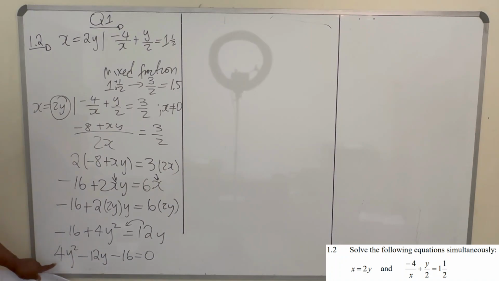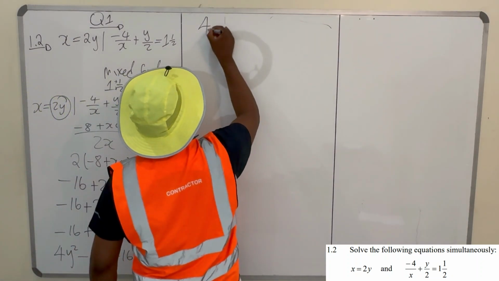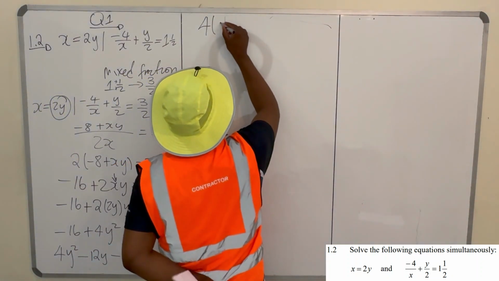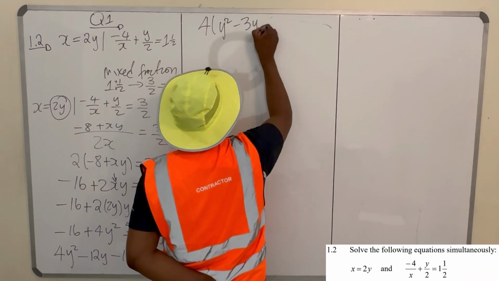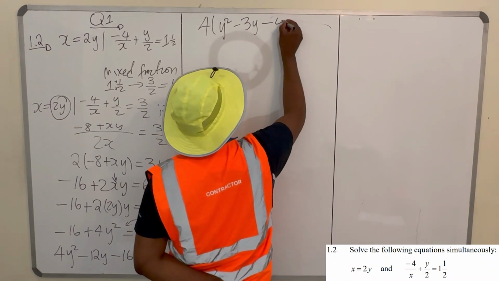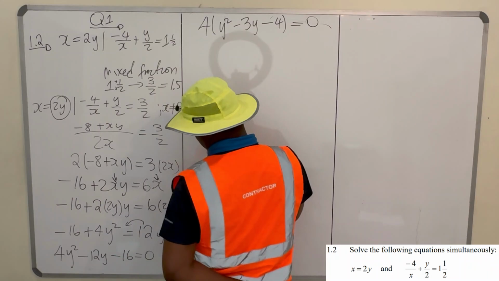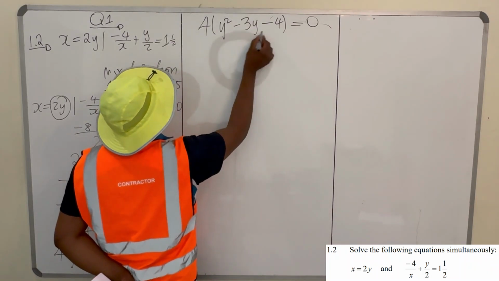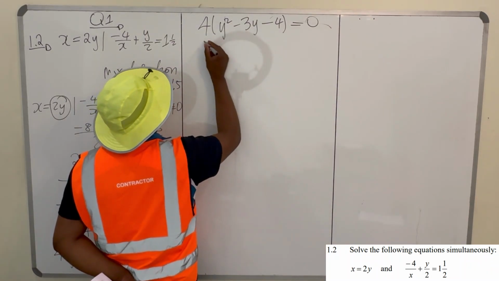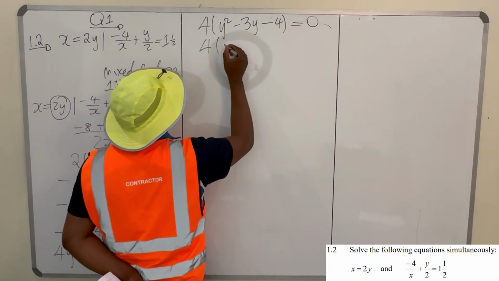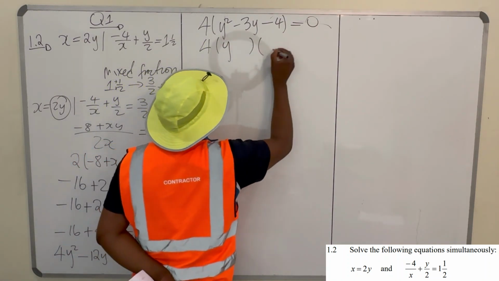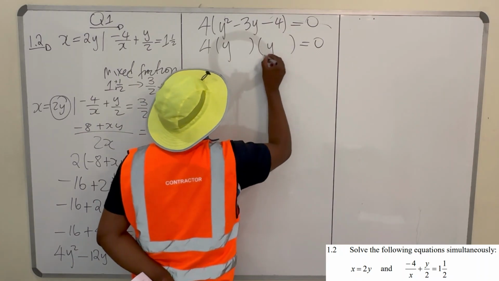So we can divide by 4 throughout, or you can just plug this into a quadratic equation. Take out 4 as a common factor. So you have 4 times y squared minus 3y minus 4 is equal to 0. Right? Yes. So factorize the inner part, the trinomial in there. So you have y here and y here as well.